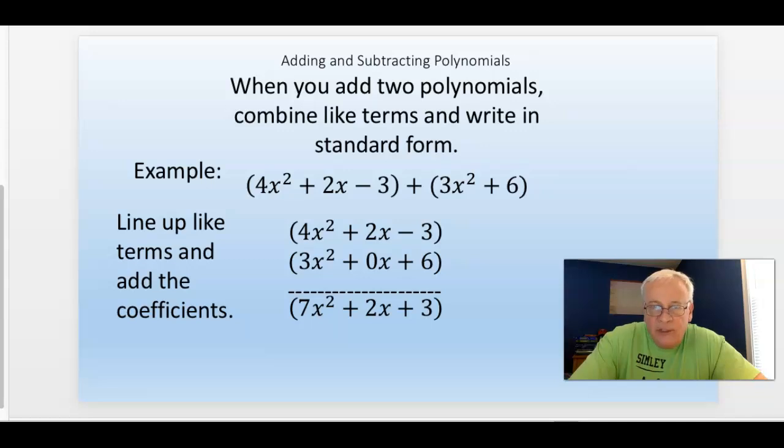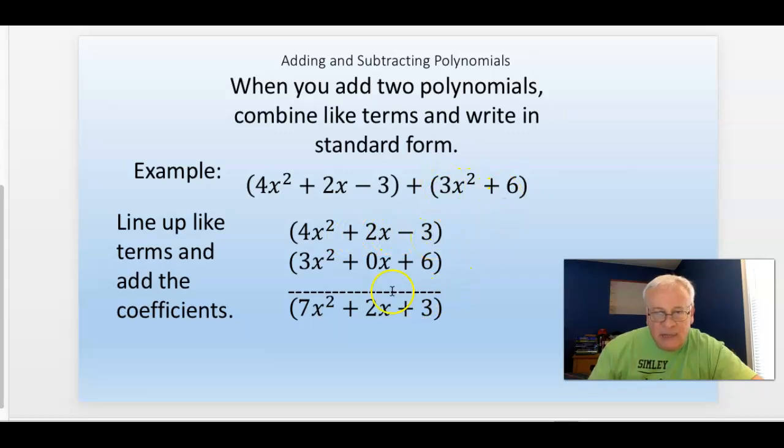All right, again, when you add two polynomials, you combine the like terms and then write them in standard form. That's what you do. So let's look at an example of adding these two polynomials right here in parentheses. What I do first, I write the first one in standard form, right up top here like this.